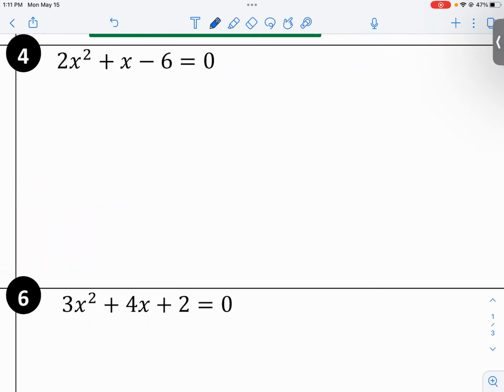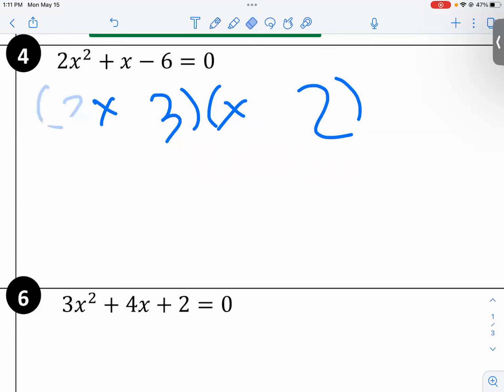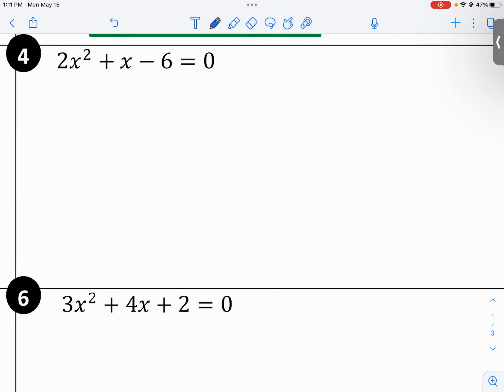Number 4 is ready for us. Now, maybe you're trying to factor and you're like, holy baloney, I am not getting anything to work. You're trying 1 and 6, you're trying 3 and 2, and you're just really having a hard time. Okay? Let's just use the quadratic formula on this and see what happens.